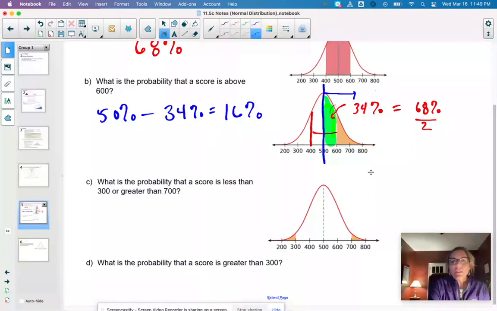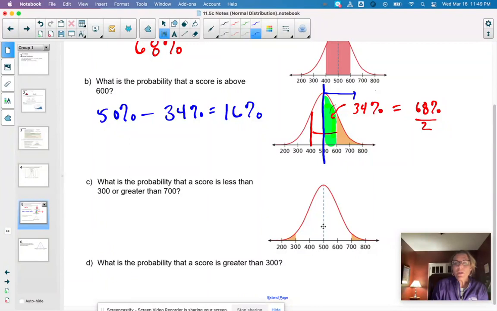What is the probability that a score is less than 300 or greater than 700? Again, it's the shaded in the tail end on the left and the tail end on the right. Well, we know that the entire probability under a curve, we said, is 100% or 1.